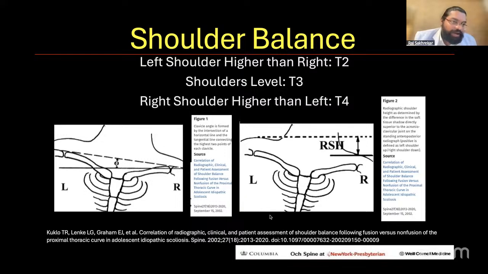But if the T1 inclination is towards the left, or it's level, then the proximal thoracic curve is playing a major part, and you want that inclination to be leveled or go to the other side, because you're going to distract the concave side of the main thoracic. So it will unbalance the shoulder more. So T1 inclination, along with the other factors, is also important in deciding the upper instrumented level.